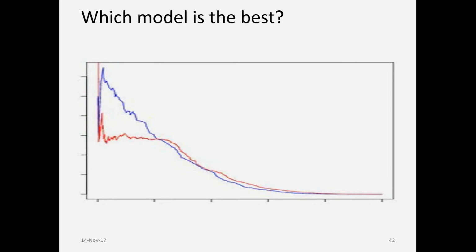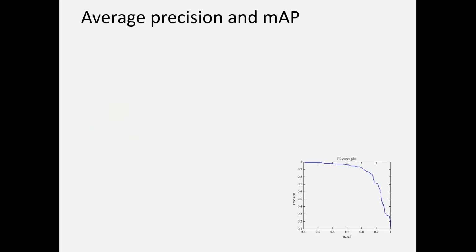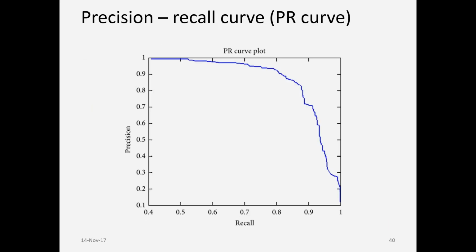And sometimes it's hard to say which is good or bad. By the way, I also want to mention AP, average precision, and mAP, because this is also an evaluation metric I use pretty often. As you see in this PR curve, the average precision is the area under it over recall.